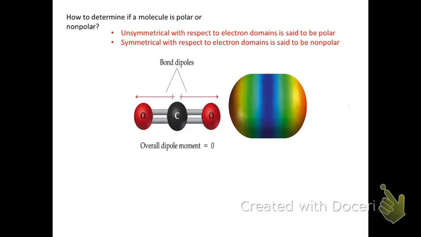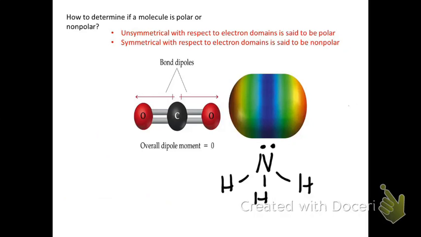Alright, so let's take a look at ammonia again. Okay, so you're going to have nitrogen bonded to three hydrogens, and then you have a lone pair. Alright, so nitrogen is our central atom here.